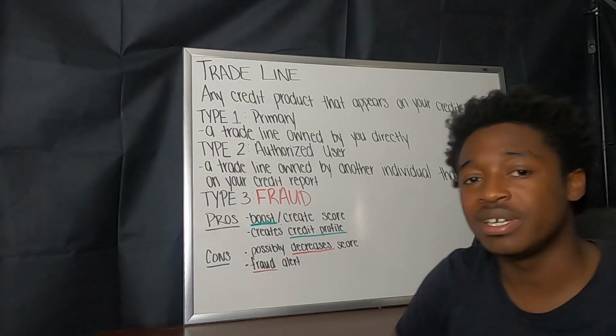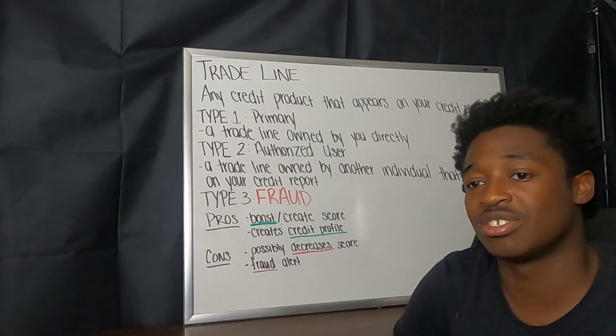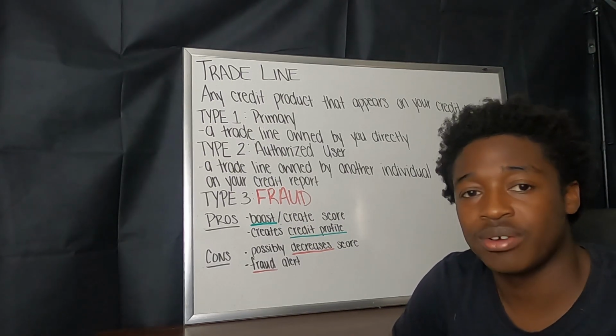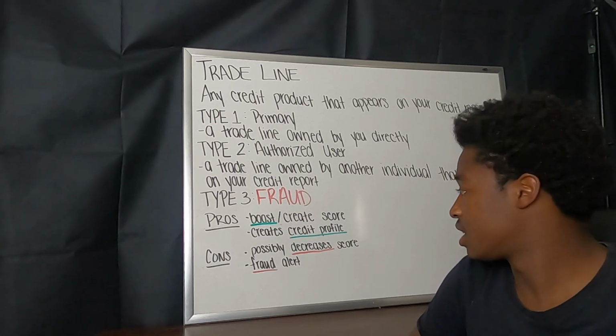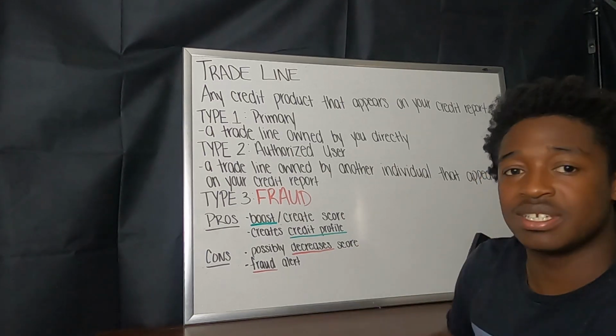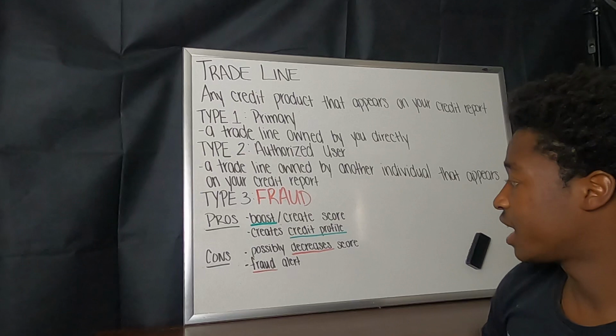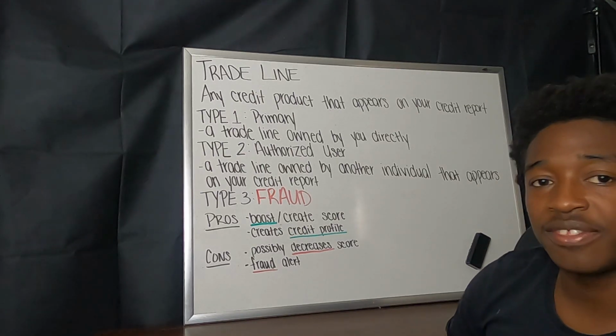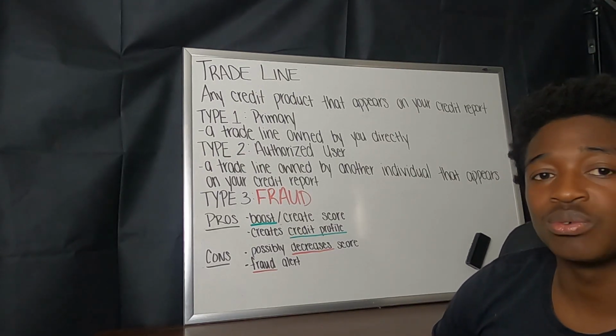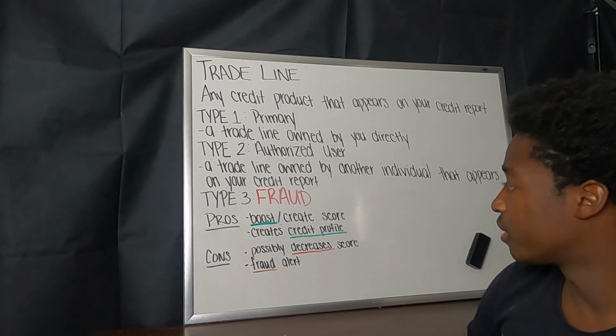In addition, if someone adds you to a trade line and it isn't properly managed, they let the utilization go up, or they have a missed payment, anything that they do negatively is going to reflect on your report.